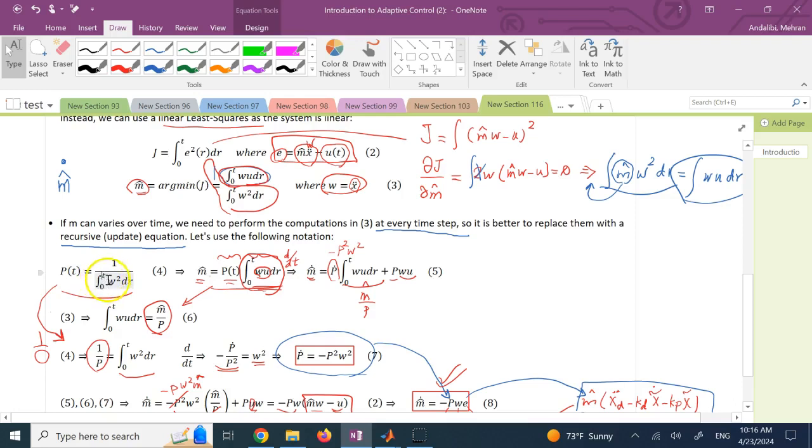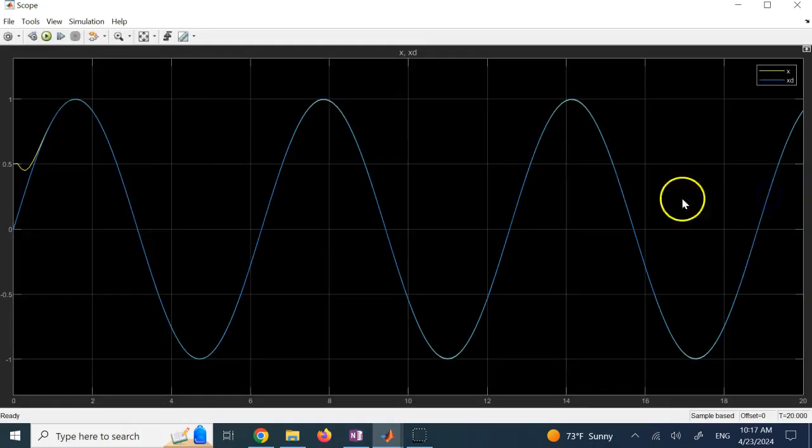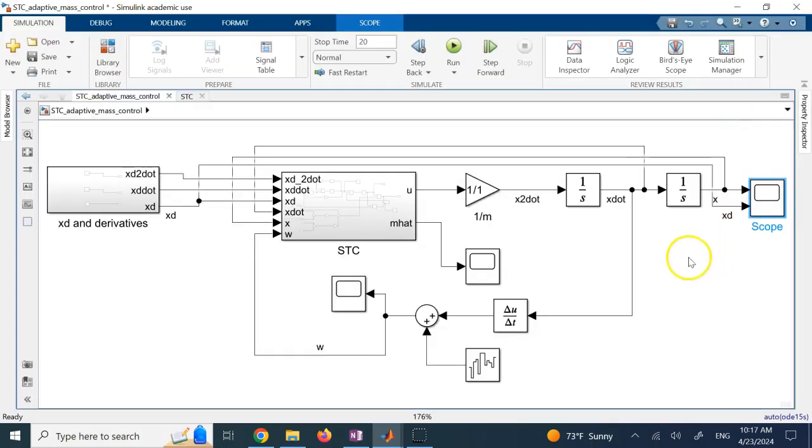And integral from 0 to 0 of a signal is basically 0, right? So ideally, P in the beginning should be a big value, 1 over some very small initial acceleration. Okay? And it might help to increase this P in the beginning, but again, it's not going to make the m hat perfectly go to 1, even over 20 seconds, but it can change the effect of m hat. What you really care about is this part, that you can follow the desired trajectory.